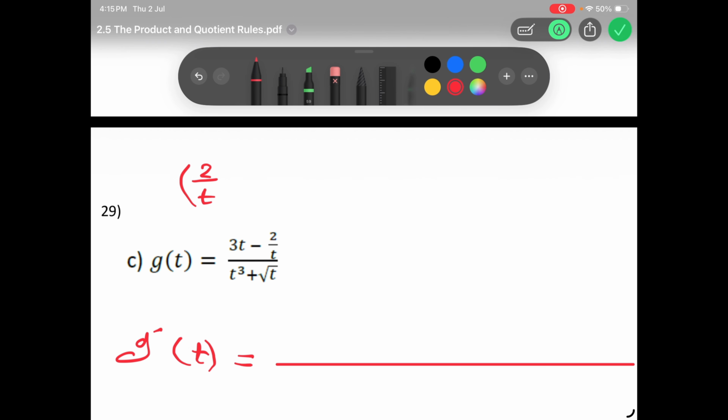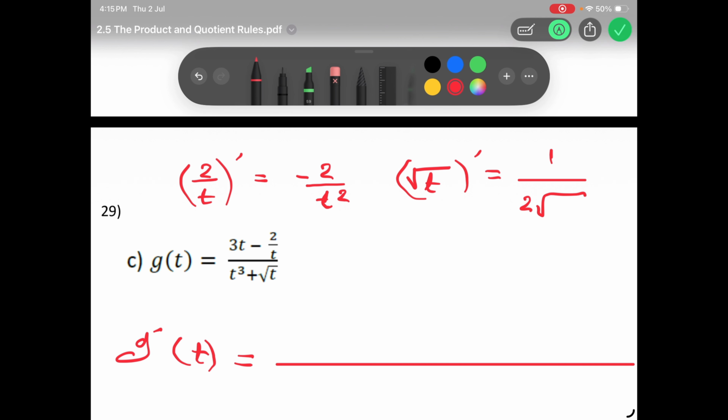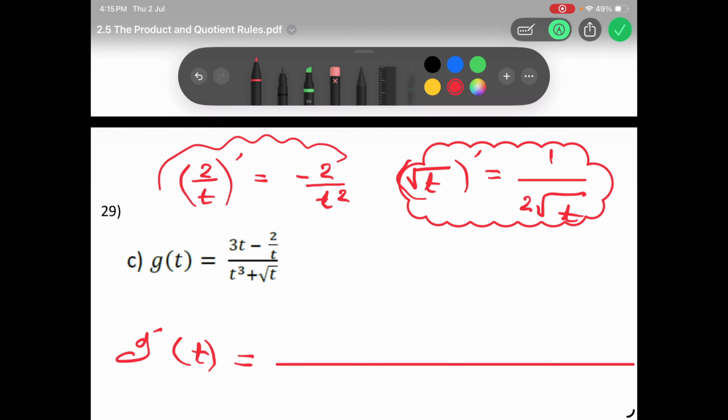Very common, the reciprocal function derivative is minus 2 over t squared. And for the radical of t prime, 1 over 2 times radical t. So if you know these two direct rules, your life will be much easier. This is one, this is the second one here.